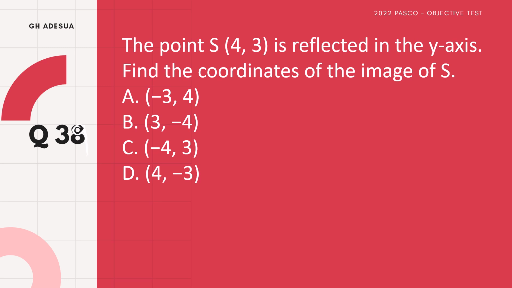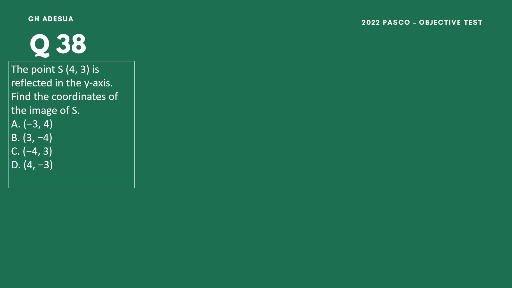Find the coordinates of the image of S. So we are doing question 39. We have the point S, (4, 3).